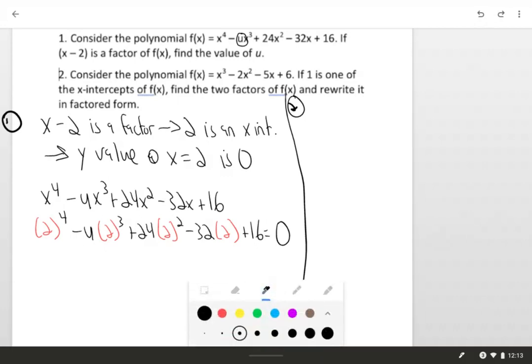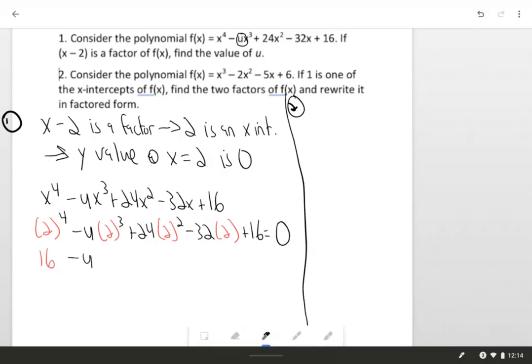So 2 to the power of 4. If you don't know that, 2 to the power of 4 means 2 multiplied by itself 4 times. So 2 times 2 is 4, times 2 is 8, times 2 is 16. Okay, so 16 minus u times 2 cubed. 2 cubed is 2 times 2 times 2, which is 8.